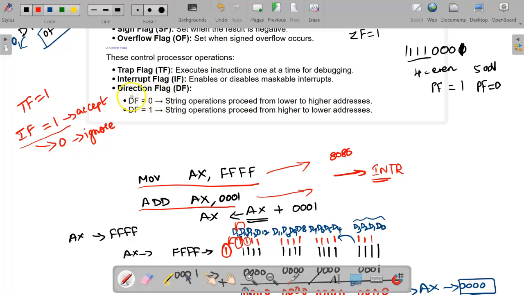Then the direction flag under the control flags. According to the definition, DF equal to 0 means the string operations will proceed from lower address to higher address. If DF is equal to 1, then it will consider the string from higher address to lower address.